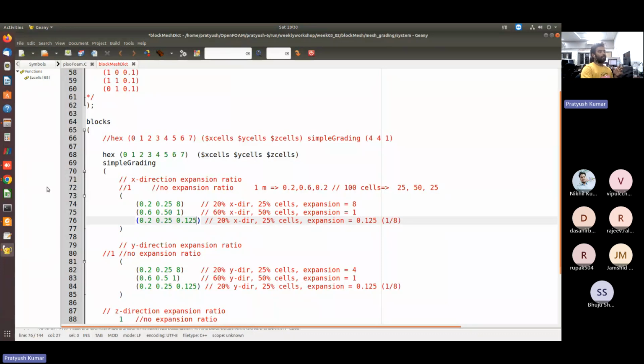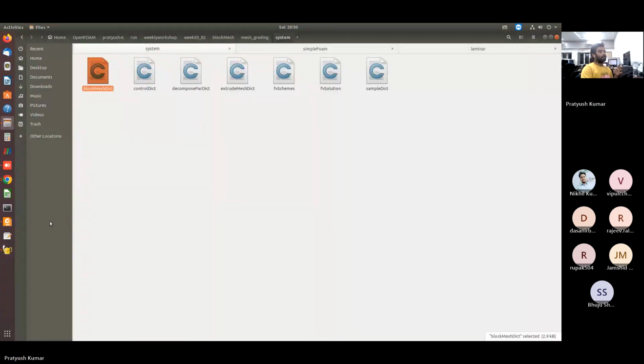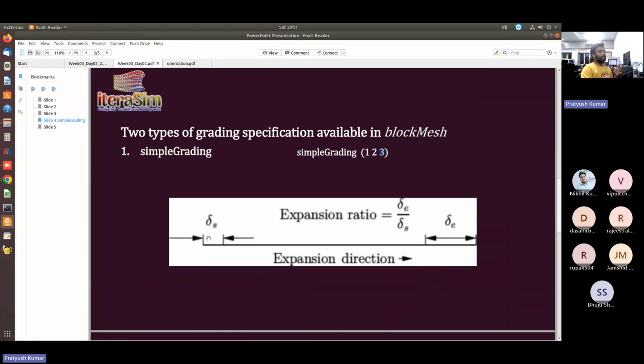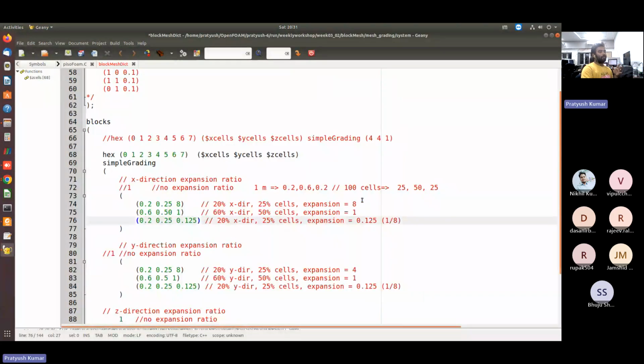As I told you, this is the expansion ratio. This expansion ratio is going to work only for this given length. So for 0.2 mm, I want the expansion ratio equal to 8.